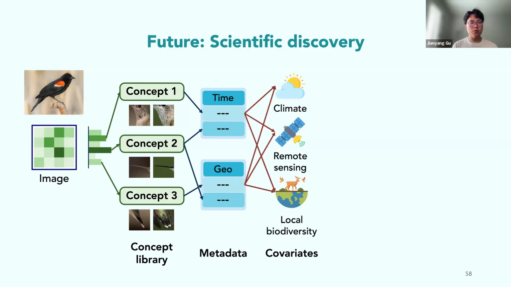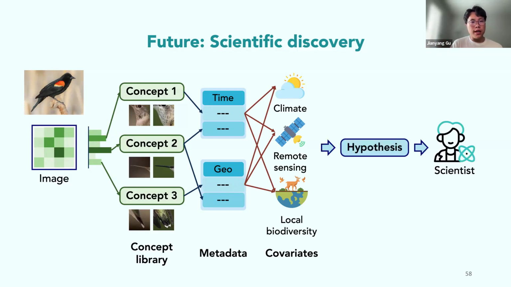Further, we can connect them to more covariates like climate, remote sensing, and local biodiversity, and this whole network will enable us to create hypotheses. These hypotheses can then be verified by scientists, who can develop experiments and verification methods to verify whether the hypothesis stands or not. So this is the broad future.